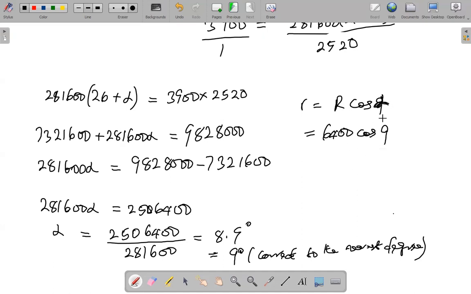Cos 9 is 0.9880, so this will be 6,400 multiplied by 0.9880, which gives us 6,323.2 kilometers.